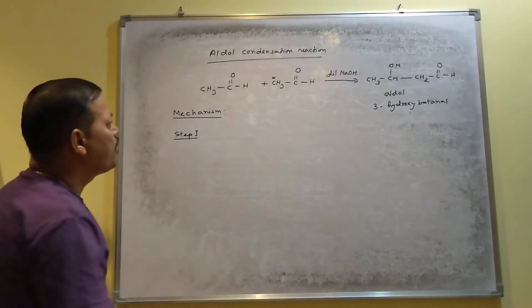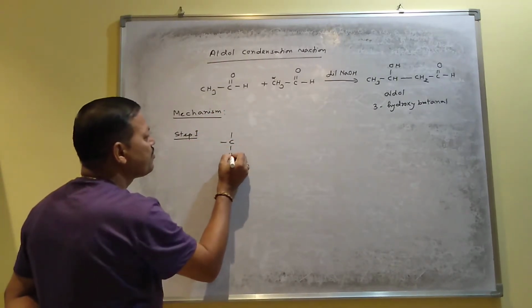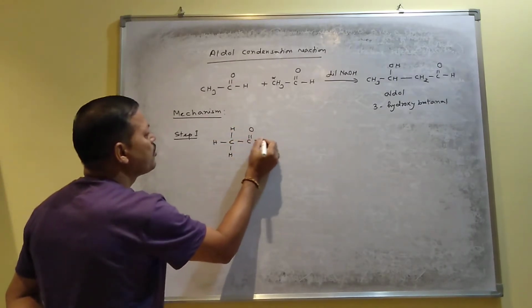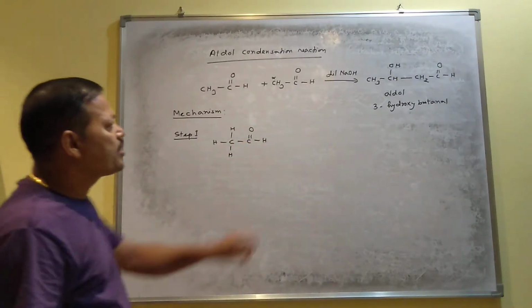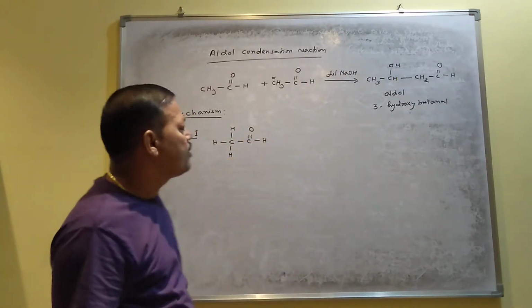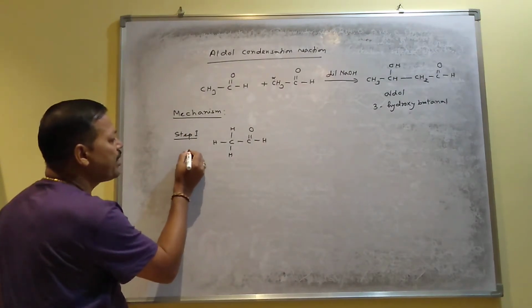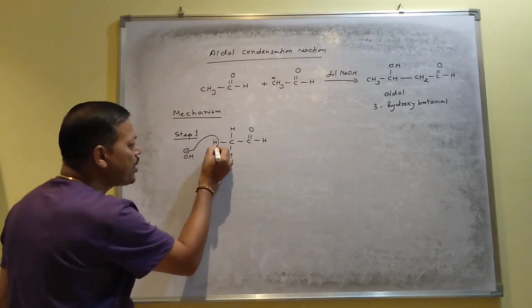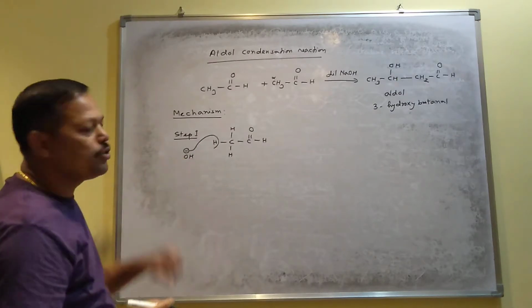In step 1, first I will take one aldehyde, CH3CHO. So I wrote a mechanism for this reaction. Since we are using sodium hydroxide, which is a base, it gives OH minus ion. This OH minus ion will take one H plus ion, I mean one alpha hydrogen, and they produce water.